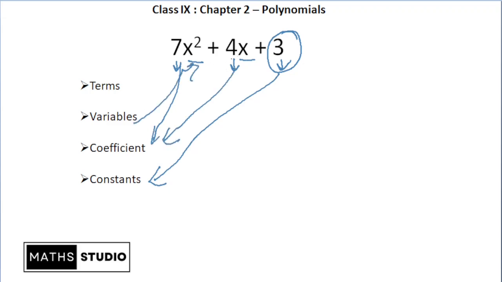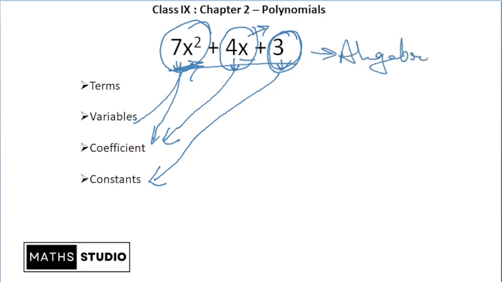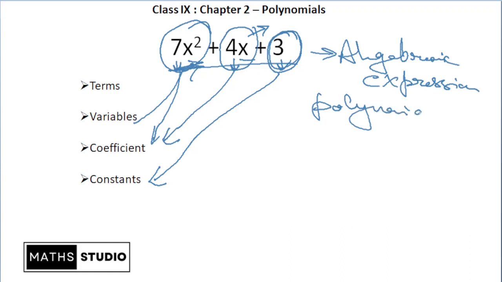X is the variable. And 7x square, that is called a term. 4x is another term. 3 is another term. All these terms combine to make an algebraic expression, or we can also call it a polynomial. So we are clear with this basic concept?